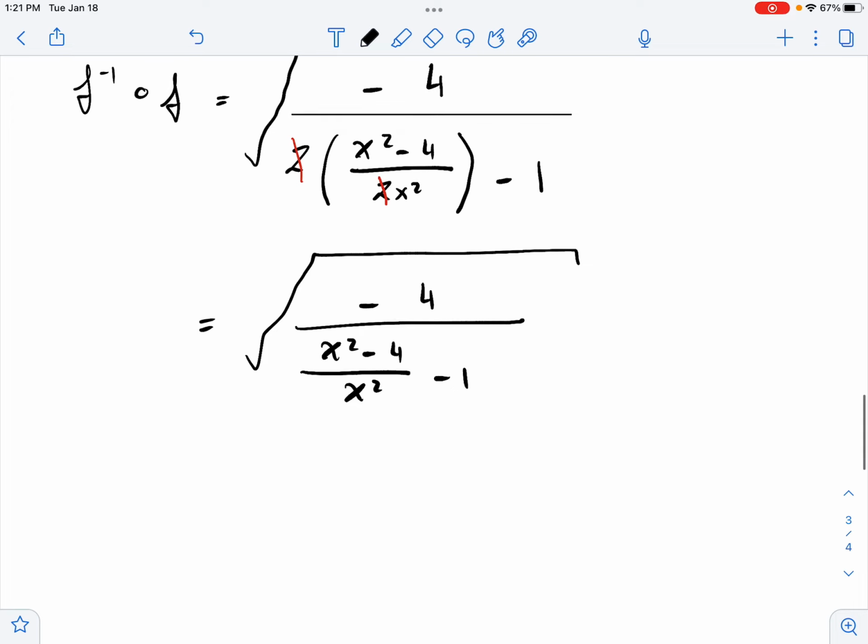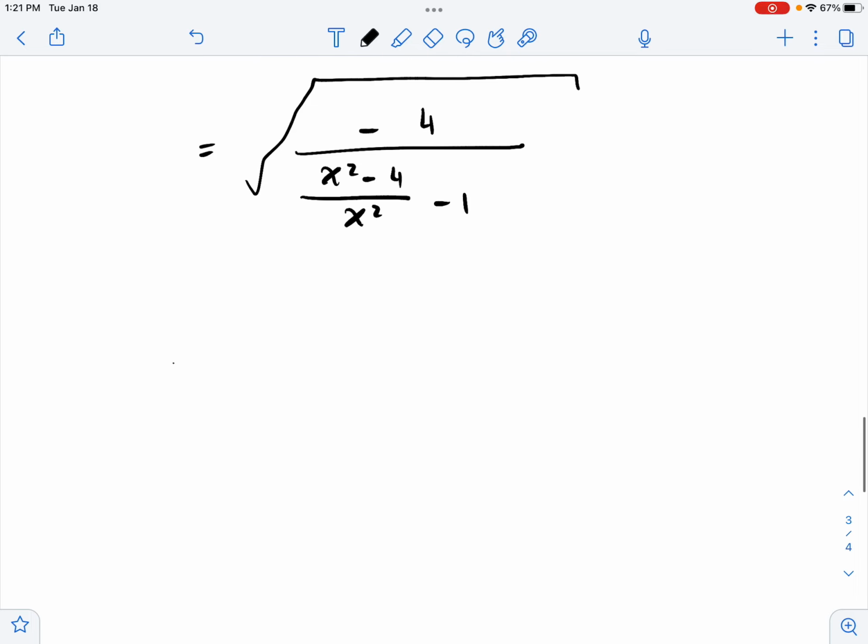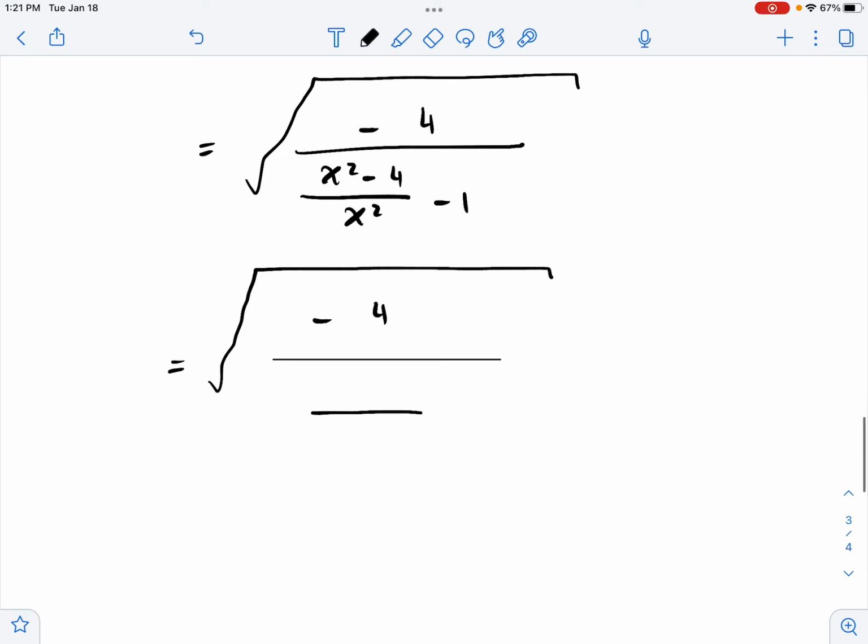I could, at this point, multiply or find a common denominator, say. So I could write this as the square root of negative 4 all over. Down in my denominator, I will have common denominator of x squared.